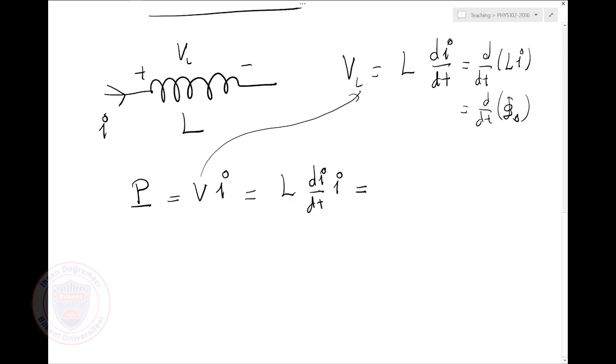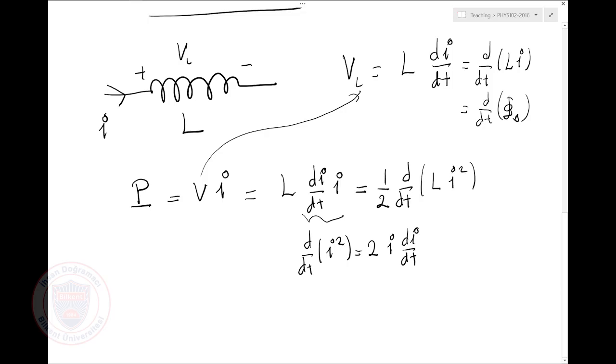What is the time derivative of I square? 2 times I times di dt, right? So I can write this as d by dt of 1/2 L I square, right?